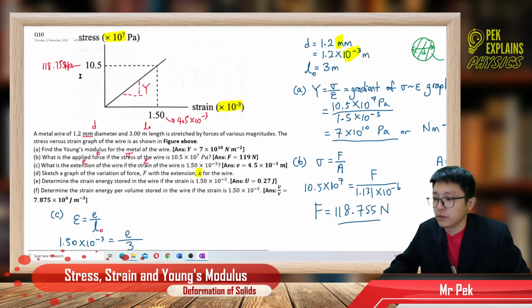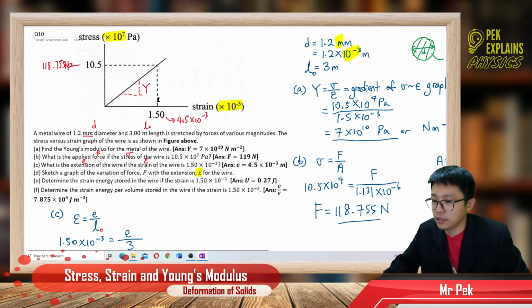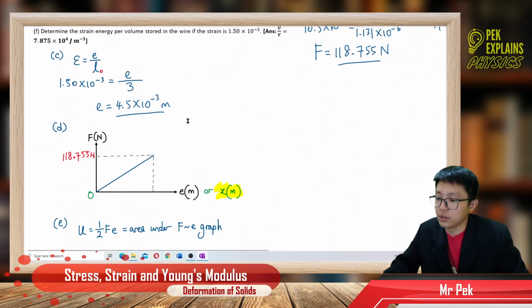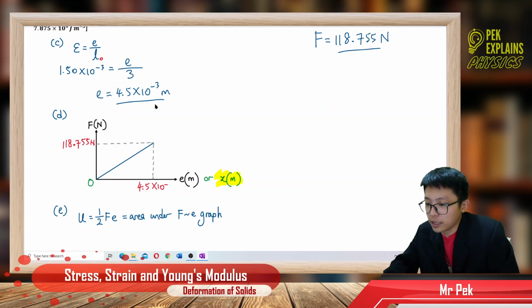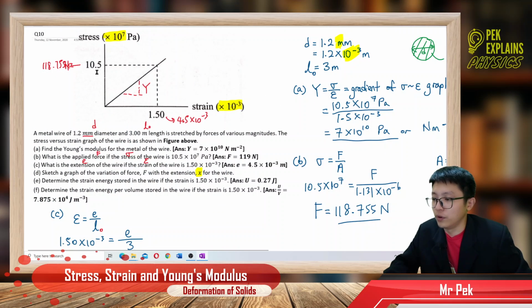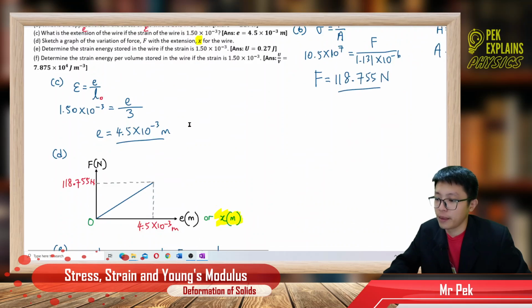Now how about the strain? For this stress, it has this strain, which is 4.5 exponent negative 3 elongation. So for this force, it has this elongation: 118 corresponds to 4.5.